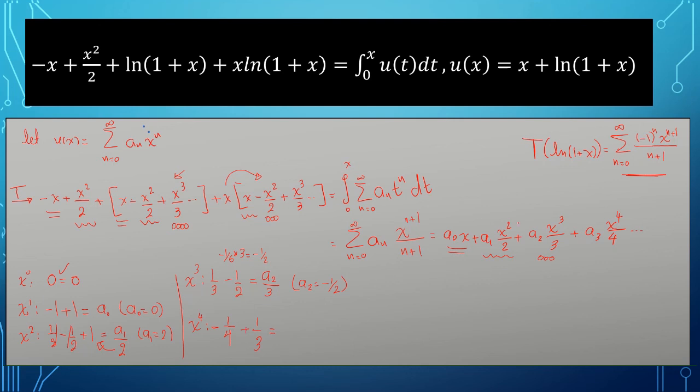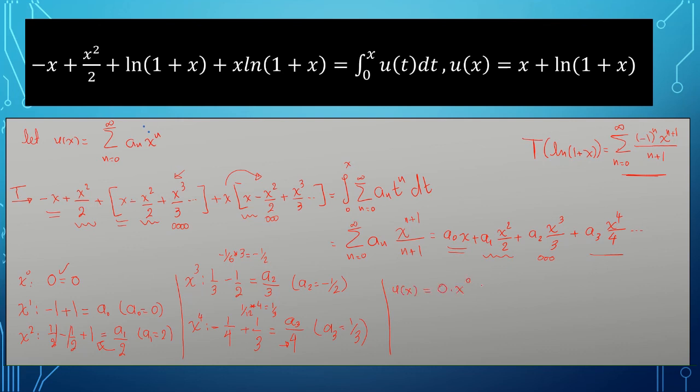This is equal to a_3 over 4, right? So a_3 over 4, and we will have here what? 1 over 12 multiplied by this 4, and this will give us 1 over 3. So a_3 will be equal to 1 over 3.